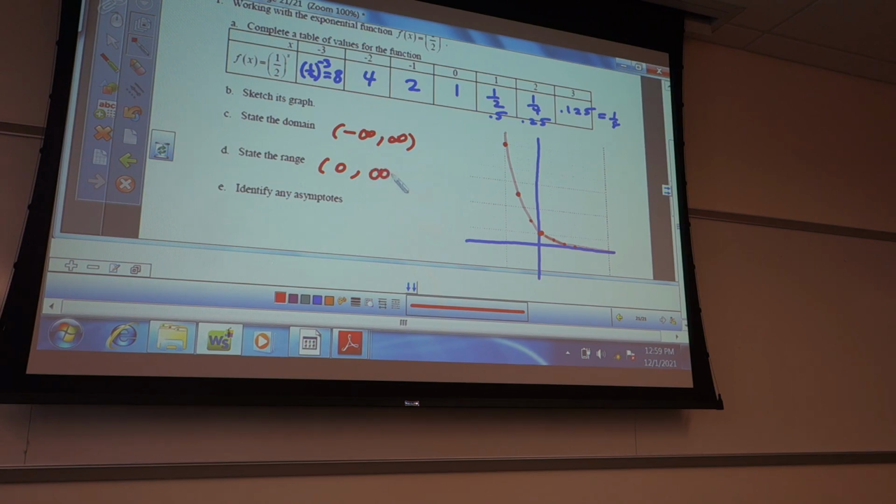Positive infinity. Perfect. Identify any asymptotes. So here's my asymptote right along there. Something equals 0. What equals 0? X or y? What's always 0 along there? Y equals 0. Good.